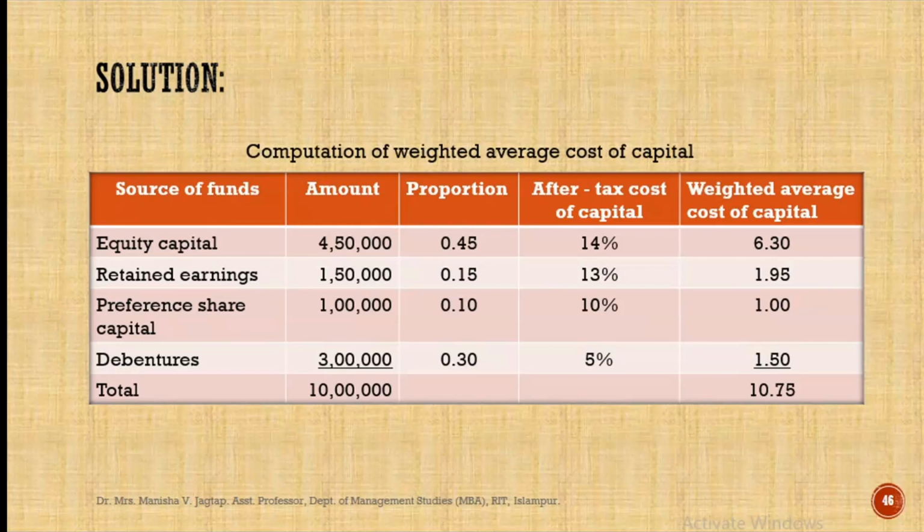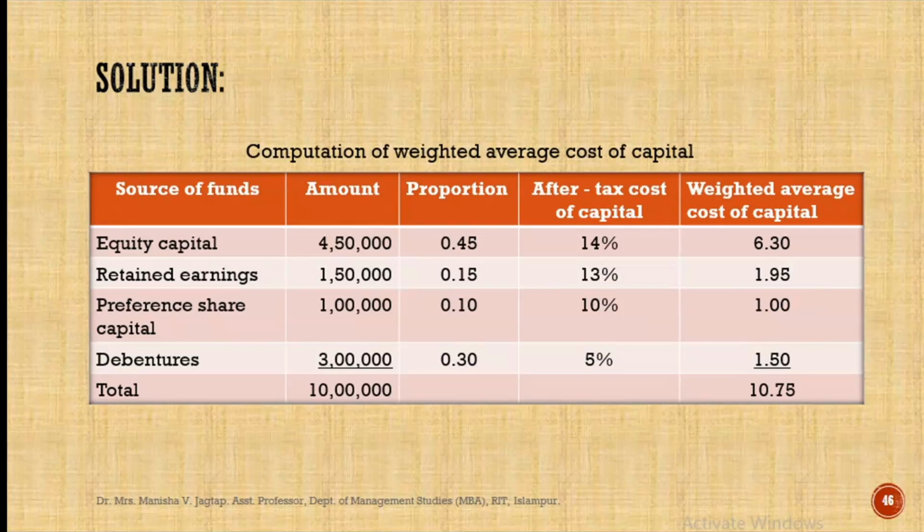The first column is sources of funds. As it is, we have mentioned the same information given in the example, that is, all the sources written here. Then the amount column. After that, the column is concerned with proportion. Here we have to calculate the proportion of each source to the total.